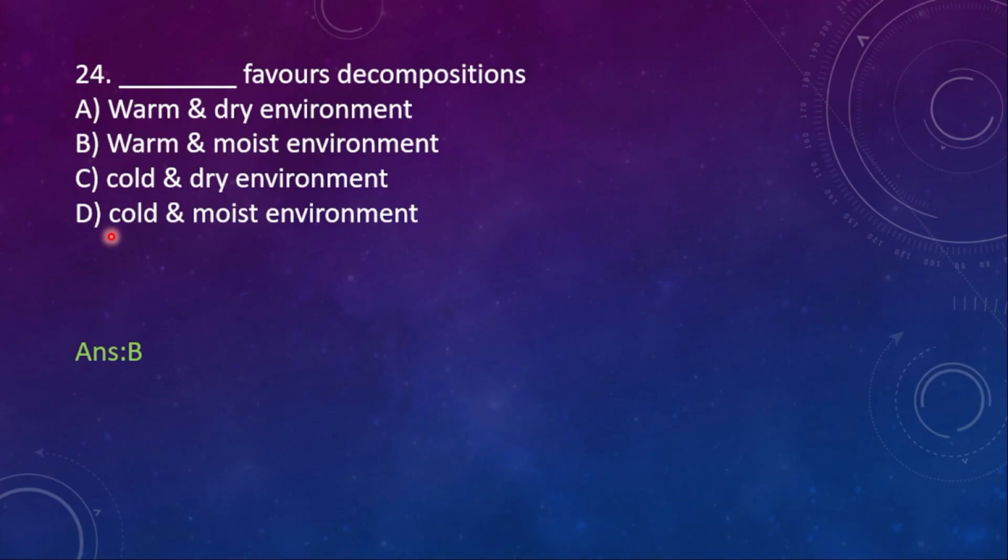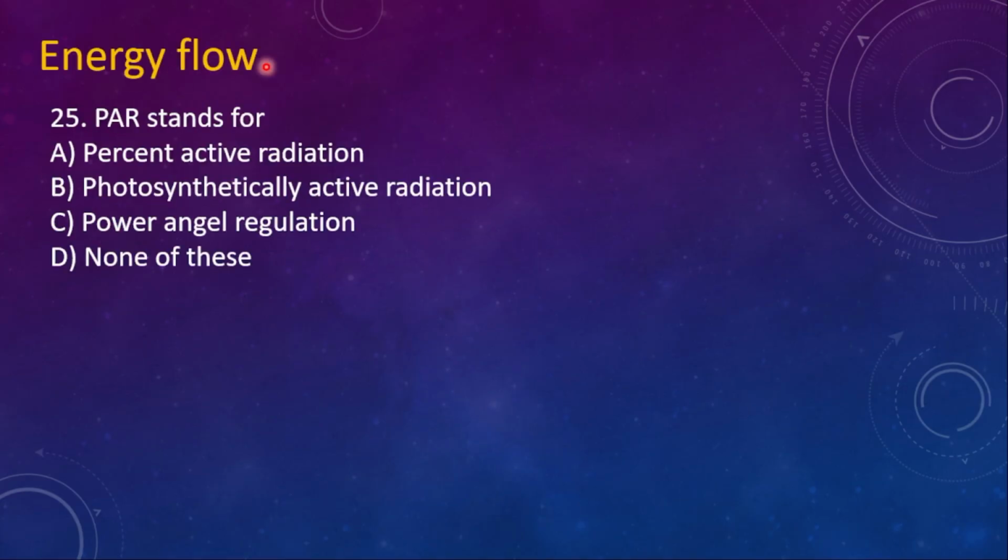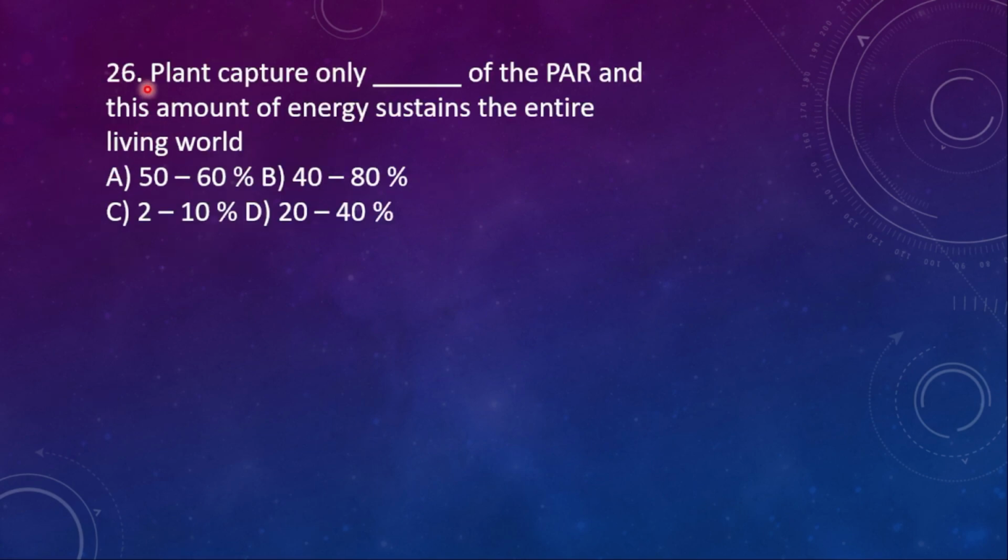From the energy flow, 25. PAR stands for A. Percent active radiation, B. Photosynthetically active radiation, C. Power angle regulation, D. None of this. So here the right option is photosynthetically active radiation, PAR. 26.